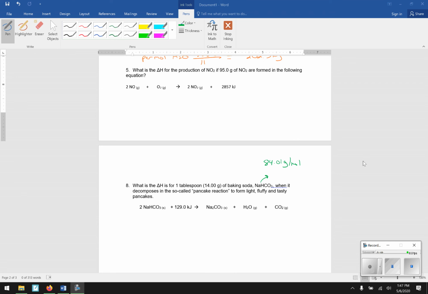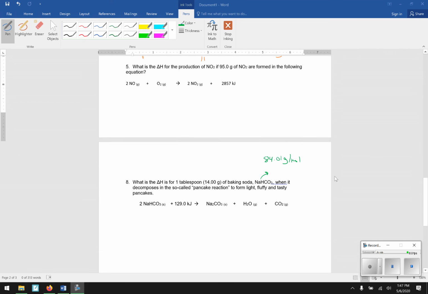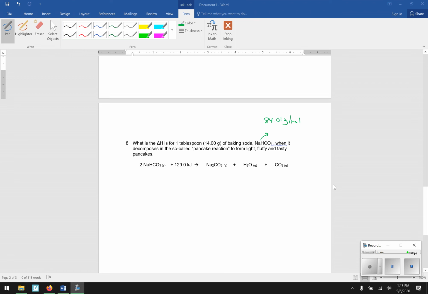Okay, so the next problem I'm going to do is number 8, and I believe this is the one where I messed up the key. We'll come back and do number 5 in a second. Because I messed up the key, I just wanted to get this one in.